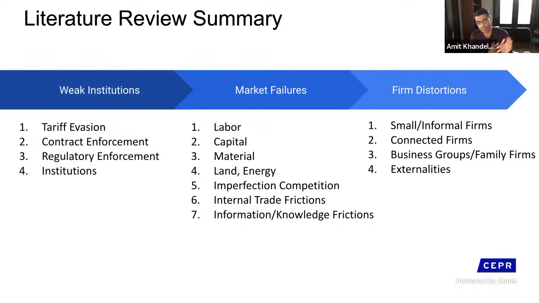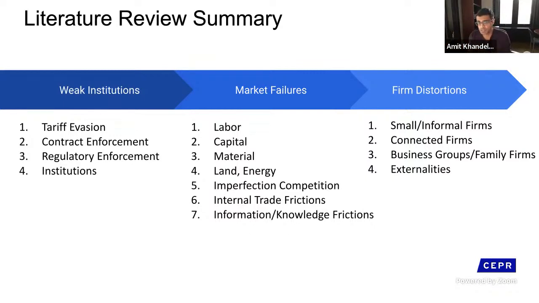And then finally, turning from market levels to firm distortions, we know that developing countries are typically characterized by a large number of small and informal firms. They have often a powerful network of connected firms that may be business groups or family-run firms, or connected in other ways.